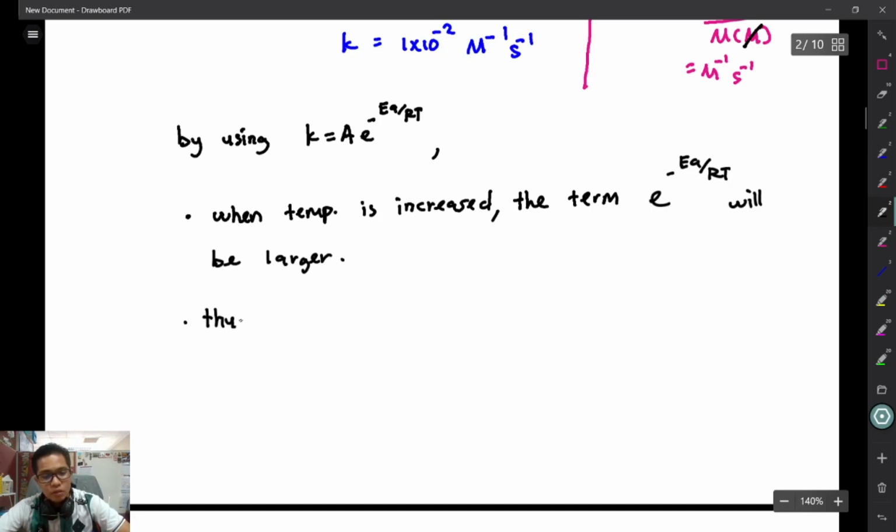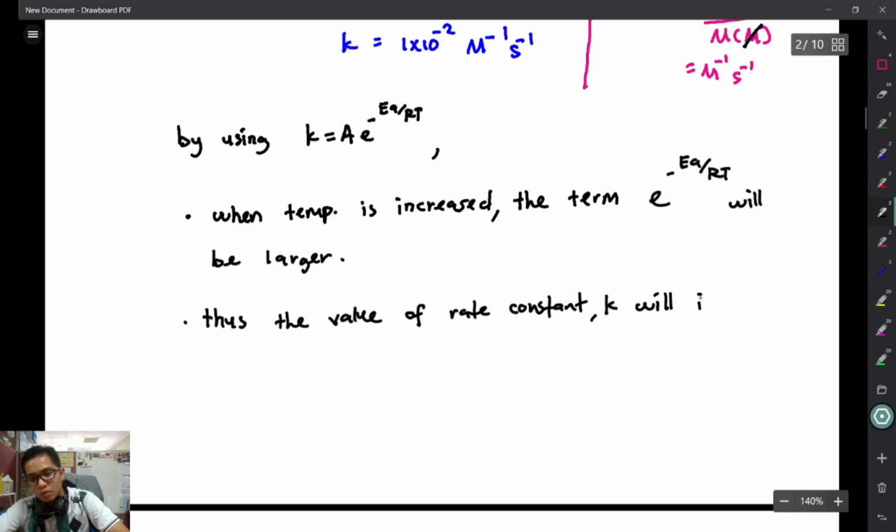Thus, the value of rate constant k will increase. Alright, so settle for the first part in question number 8.